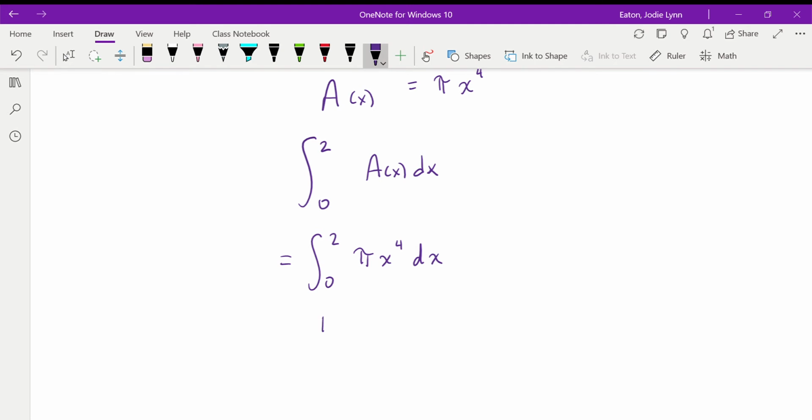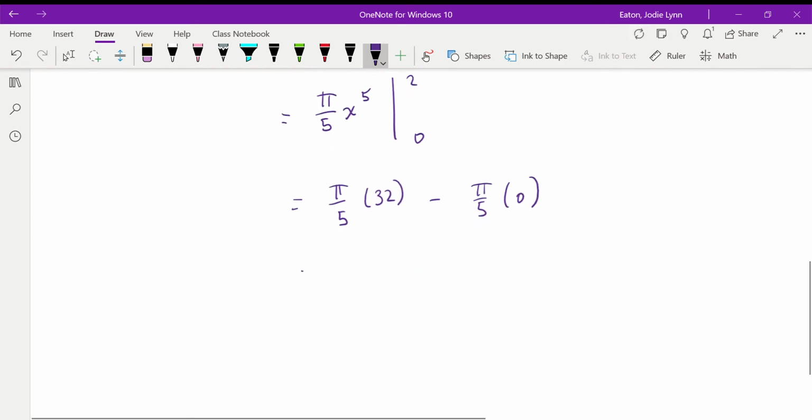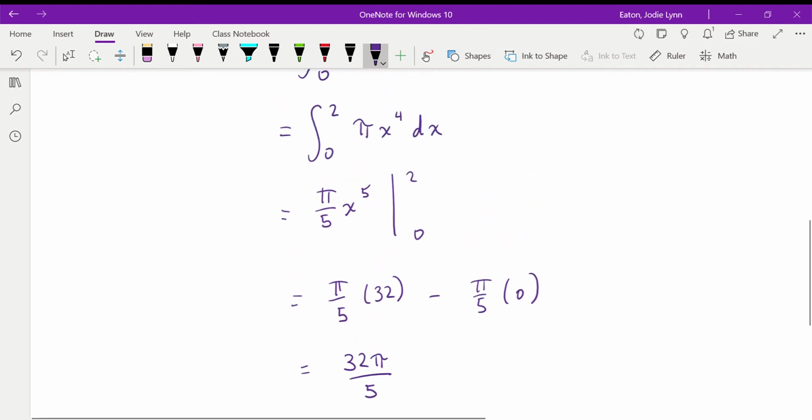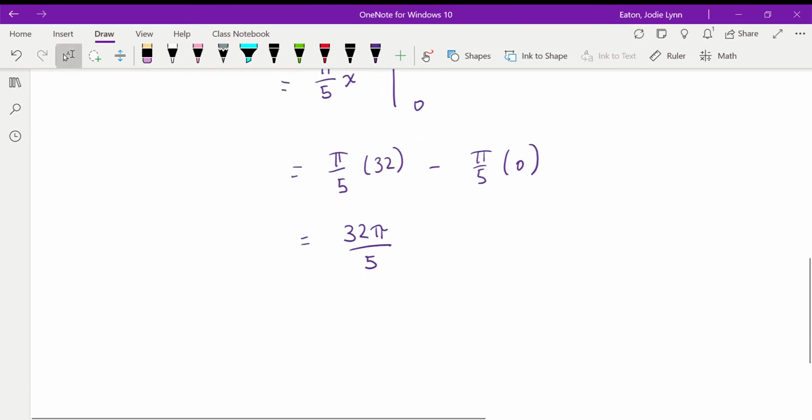Integrating, we get pi over 5 x to the 5th, and we're going to be evaluating that from 0 to 2, which gives us pi over 5 times 32 minus pi over 5 times 0, which gives us 32 pi over 5. Okay, let's look at another example.